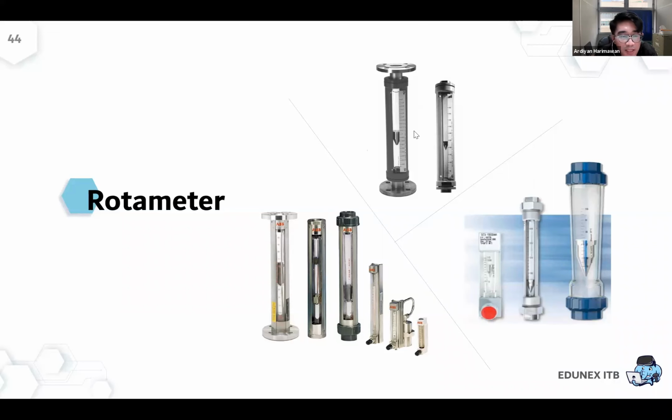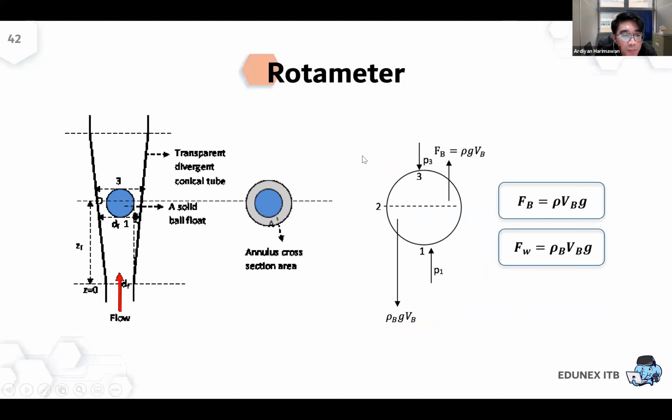How this works is basically using the principle of buoyancy. The gas will be flowing, and the ball, or the peluru, flows upward, but then you will have pressure from the gas from the top part, and then buoyancy force is also applied, so the ball can remain static at a certain point.